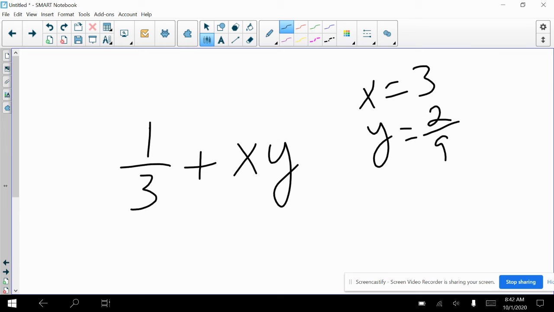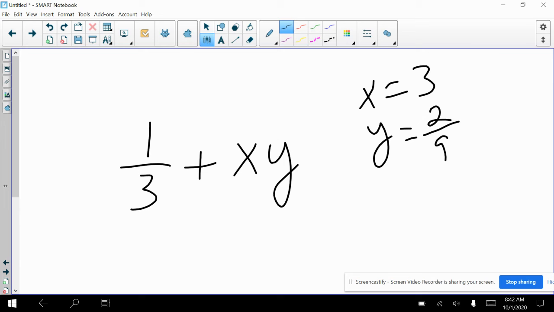No, it is not 3 2/9. Do not make that mistake. It's 3 times 2/9. Remember, you just told me that it was multiplication. That doesn't mean just put the numbers in there and make a mixed number.